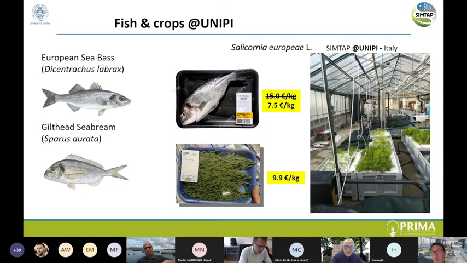That is a very valuable crop because, as you can see, the market price is quite similar, or in some cases higher, with respect to fish price. We are rearing Sparus aurata, that is gilt-head sea bream. But in the next test, we are going to rear European sea bass as well.